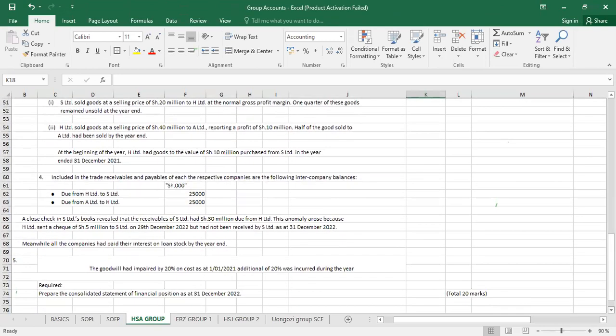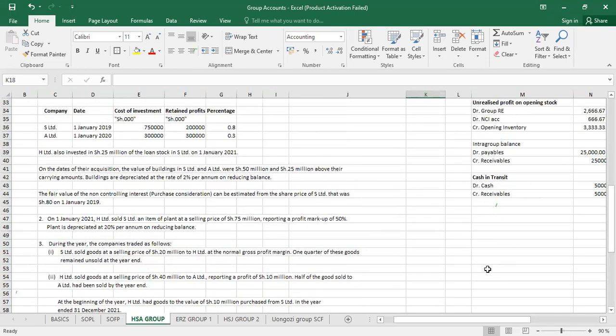Another one is that all the companies had paid their interest on loan as at the year end. And remember, H invested also in those, isn't it? Intergroup interest paid.